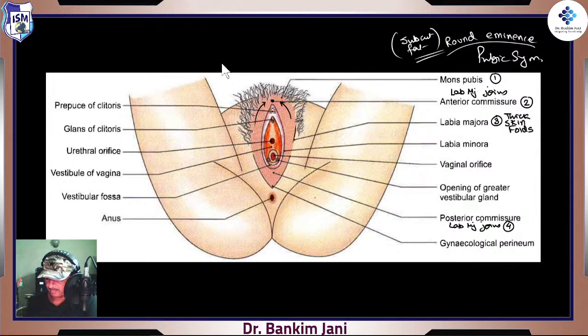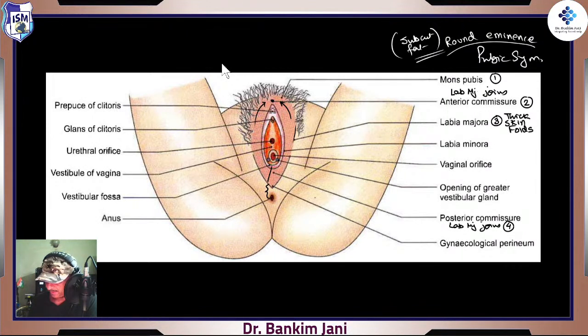Now, when we are talking about this, there is one important thing we need to know, and that is this portion, which is called the gynecological perineum. That is where things come into picture for the episiotomy. This will be where the episiotomy would be done.